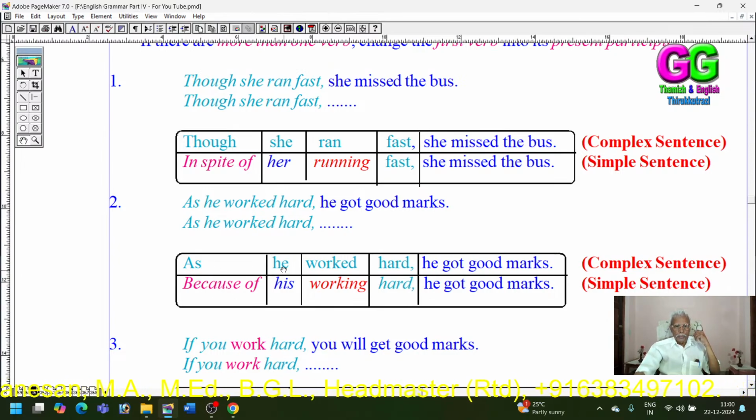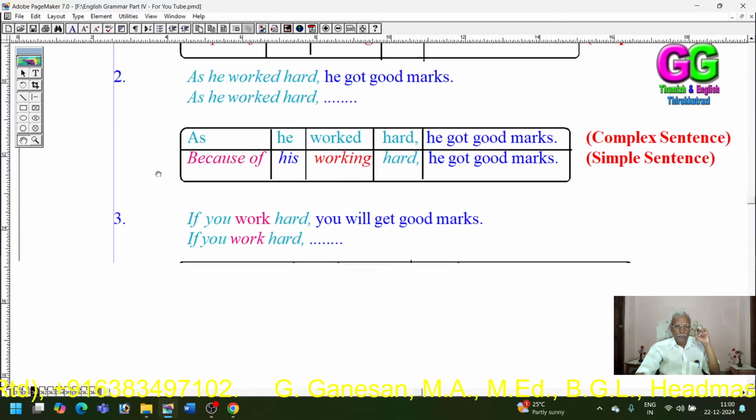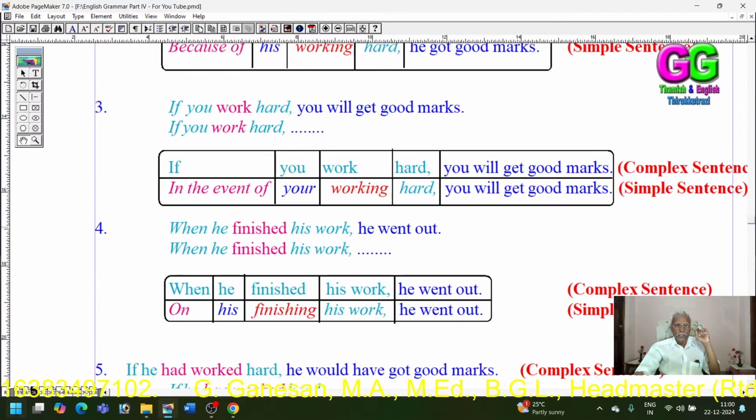As becomes because of. He becomes the possessive case, his. Worked becomes the present participle, working. That's all. As he worked hard, he got good marks. Because of his working hard, he got good marks. Complex sentence, simple sentence.